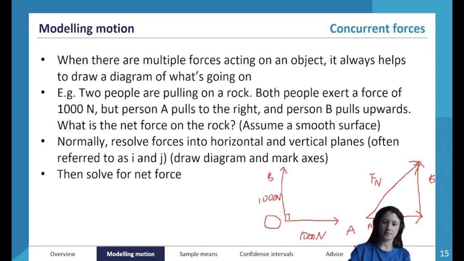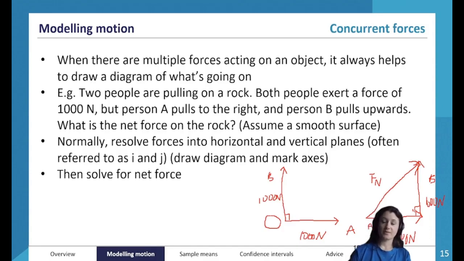F net. Alright? So now we can actually add these two vectors together just by figuring out the length of that F net line there. So how can we figure out the length of that F net line there?